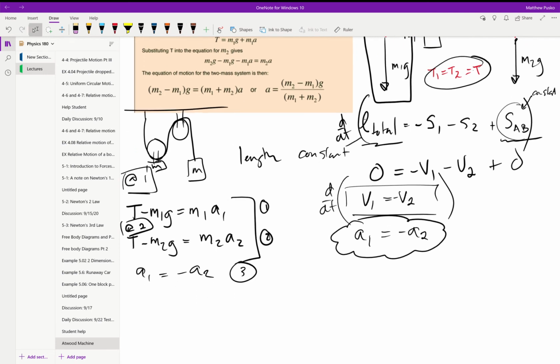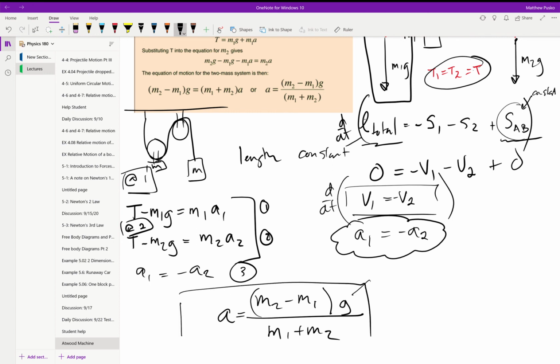Solve these three equations any which way you want. You will end up with the solution that we take the difference of the masses on top and add the masses up and put that in the denominator. All of that's multiplied by g. So there's your Atwood machine.